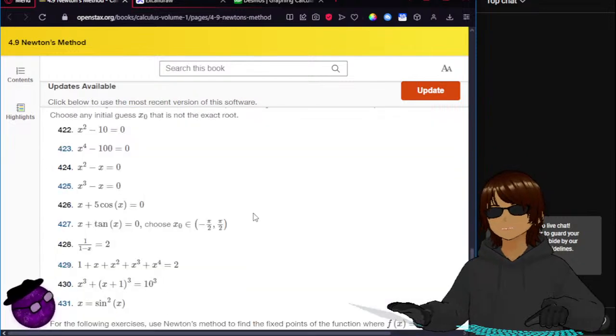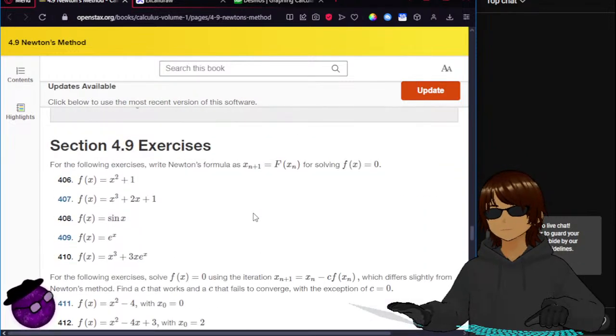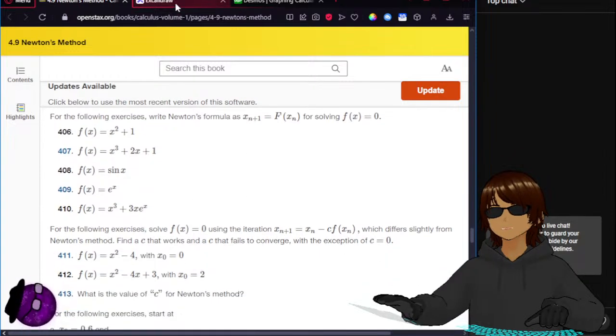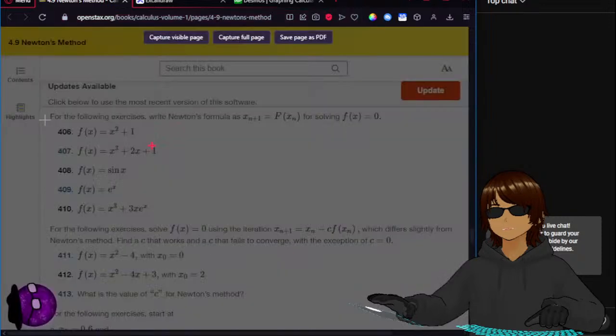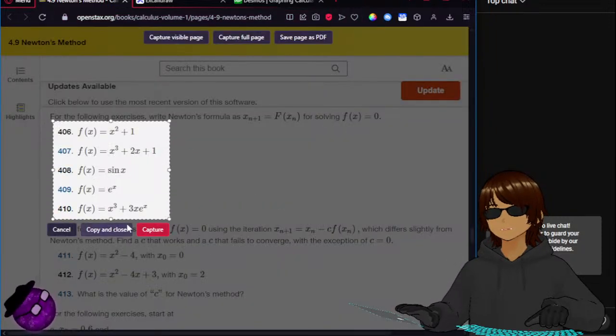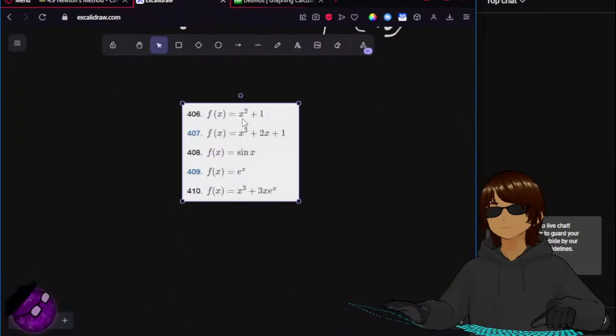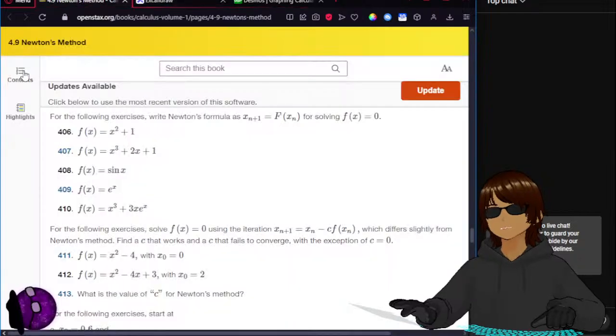Okay, let's do the questions now. For the following exercises, write Newton's formula for solving f of x equals 0. So 407, copy and close. And also I want the answer key.